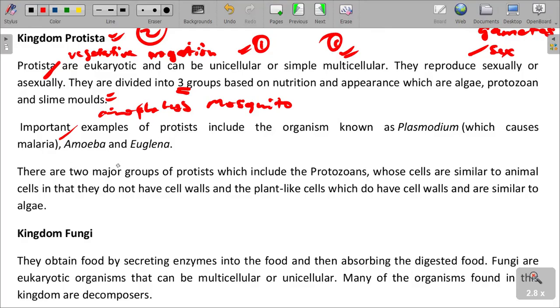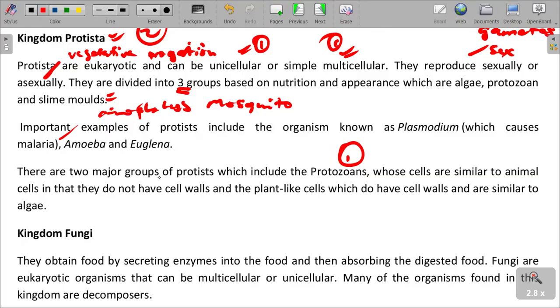Then there are two major groups of protists, which include the protozoans, whose cells are similar to animal cells in that they do not have cell walls, and the plant-like protists, which have cell walls and are similar to what?